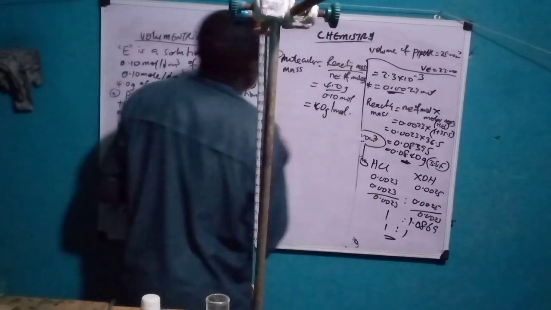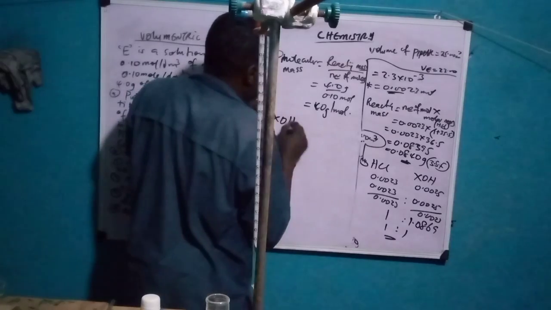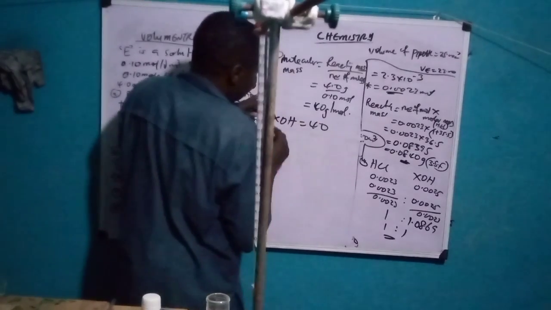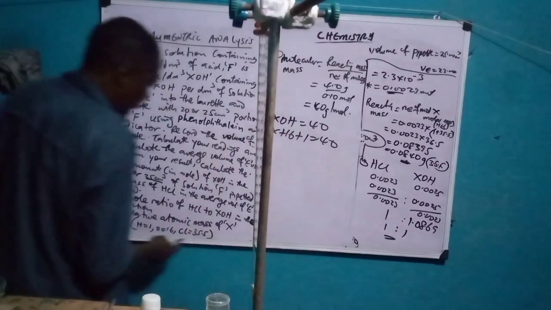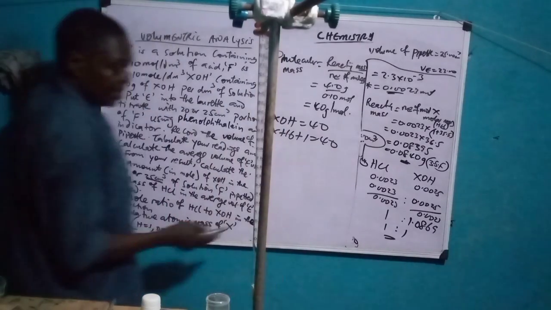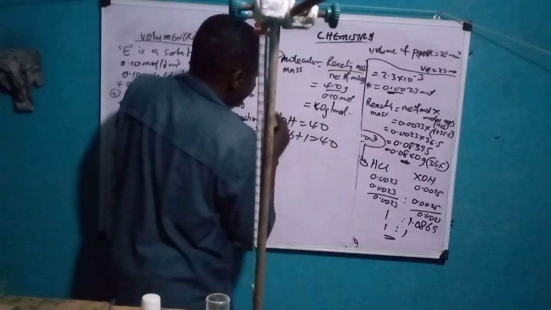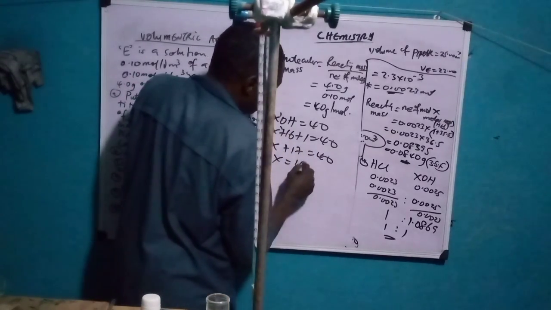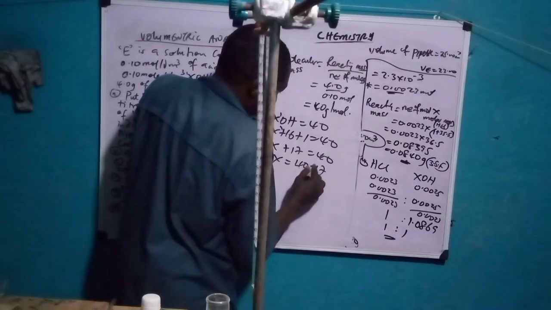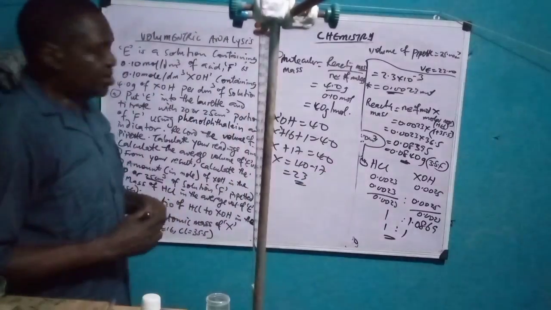So to calculate, you say SOH equals 40. S plus 16 plus 1 equals 40. Remember they told you O is 16. Oxygen equals 16. S plus 17 equals 40. S equals 40 minus 17 equals 23. So the relative atomic mass of S is 23.